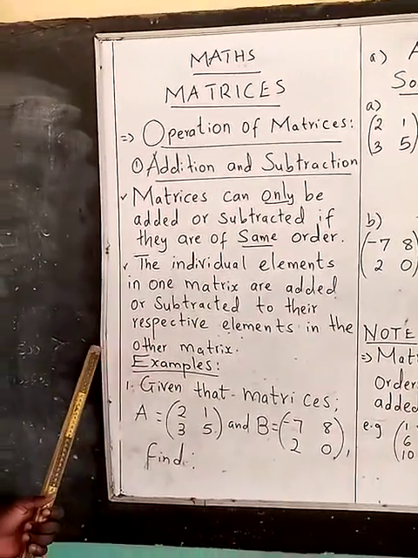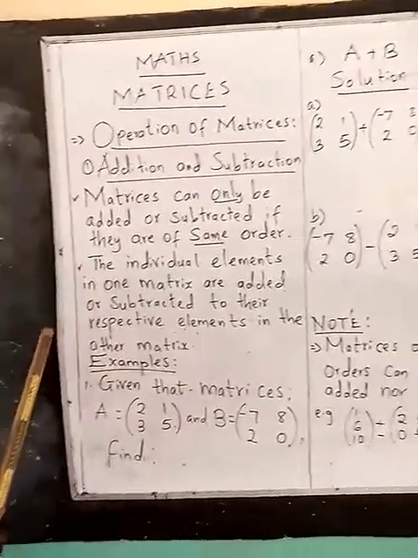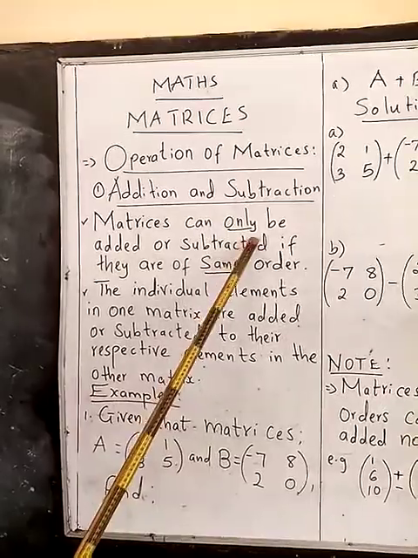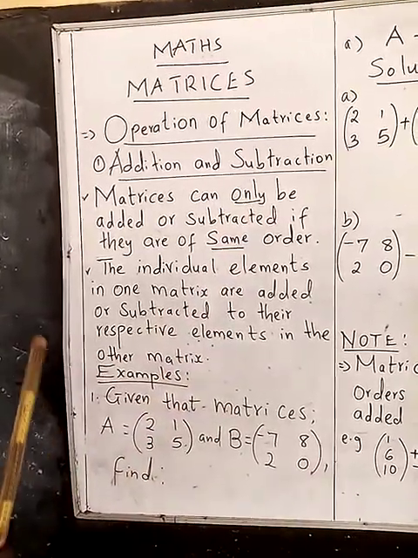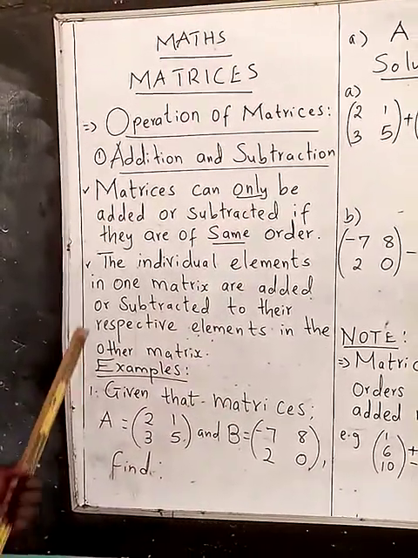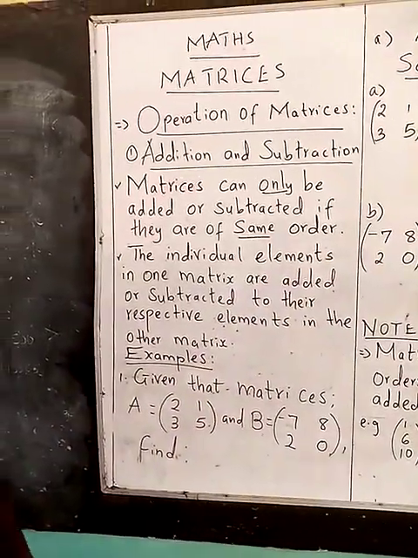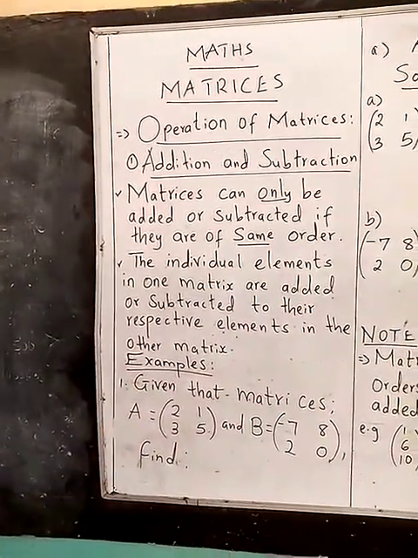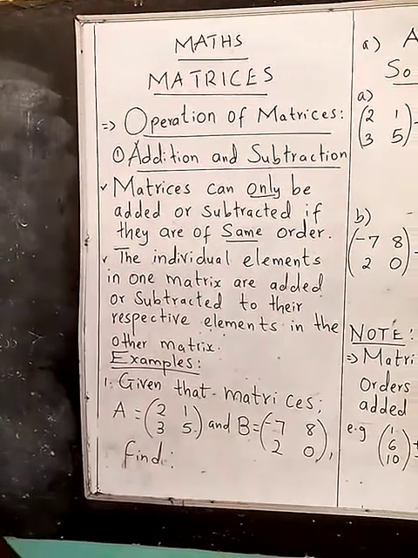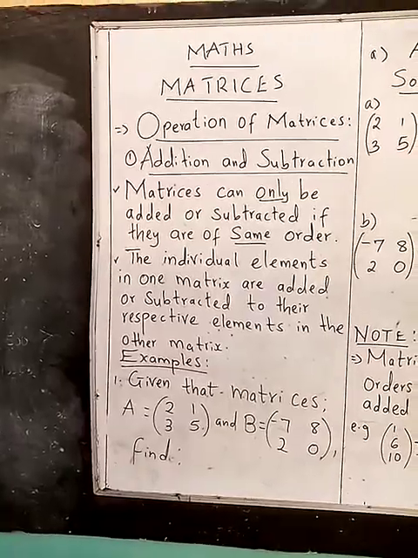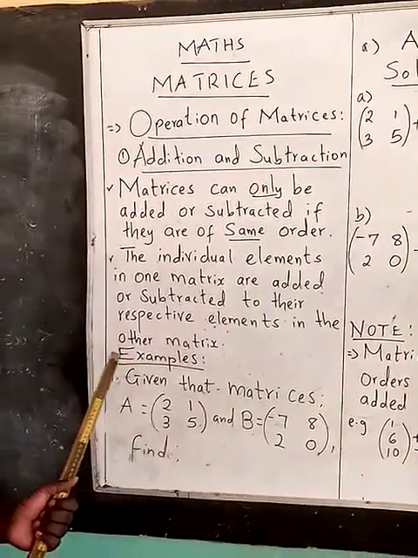To start with addition and subtraction, we must know that matrices can only be added or subtracted if they are of the same order. Matrices with the same order can easily be added or subtracted. If they are not of the same order, we can't add or subtract. How do we add or subtract?